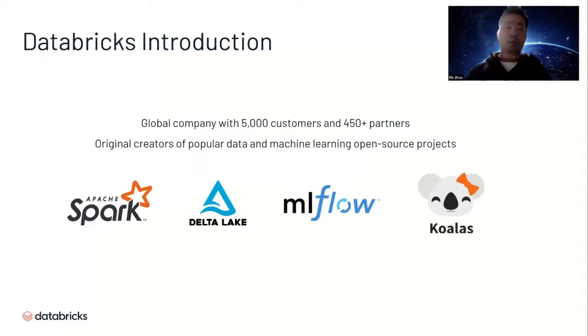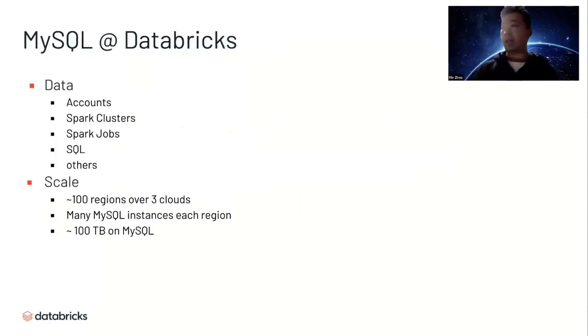We're a global company with about 5,000 customers and also 450 plus partners. Our company runs Spark clusters in the cloud, and Databricks SQL is a data warehouse solution, and also an AI solution.